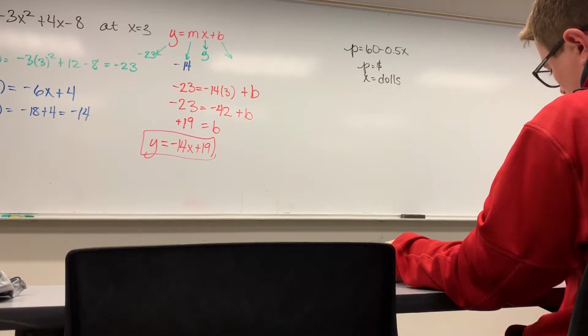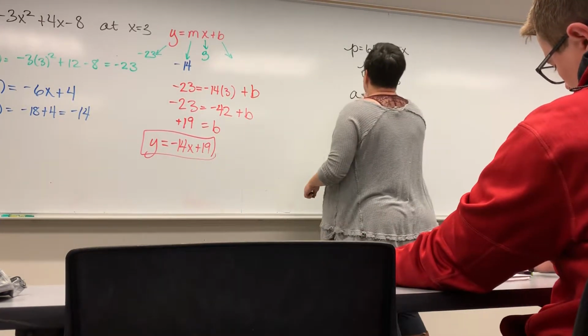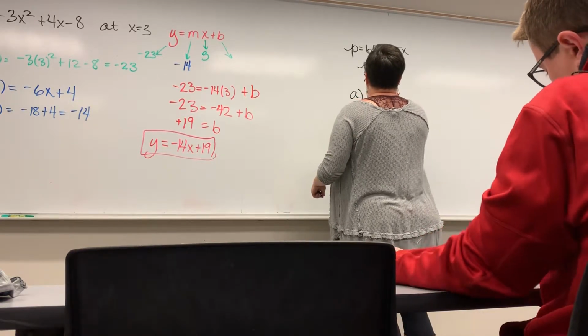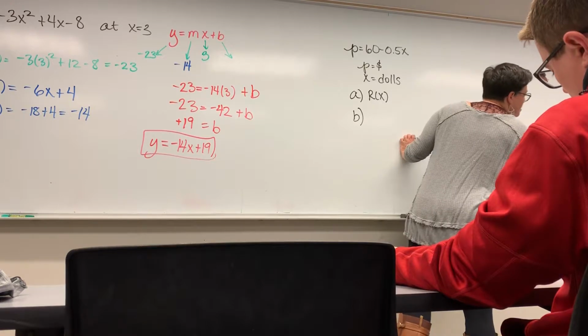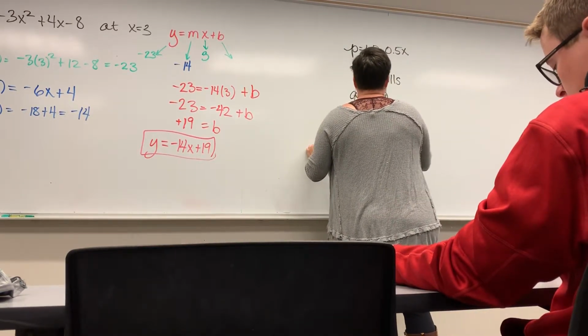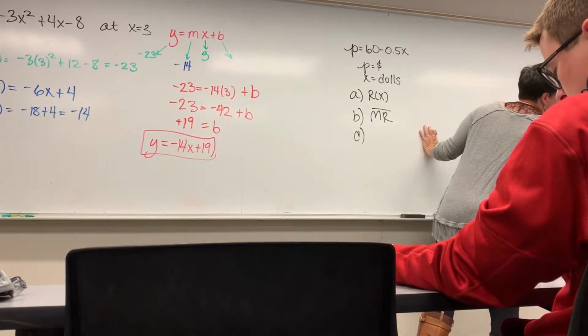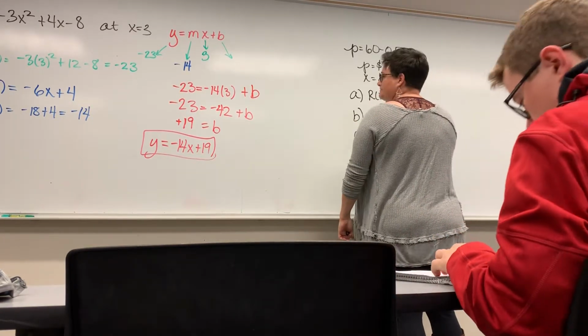Find the following: total revenue. Part B was marginal revenue. Part C was marginal revenue at 20 plus interpretation.